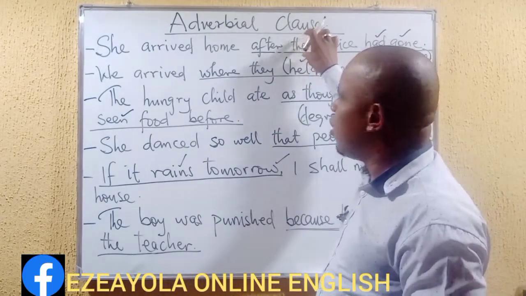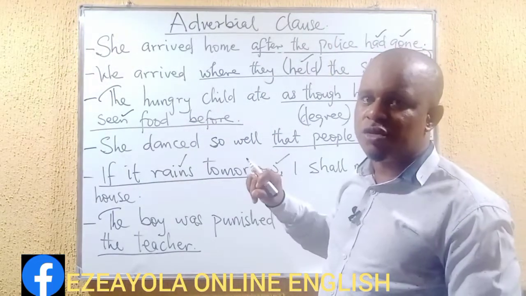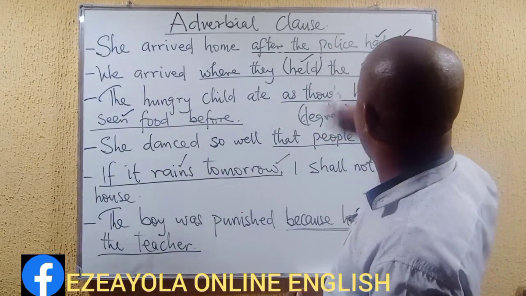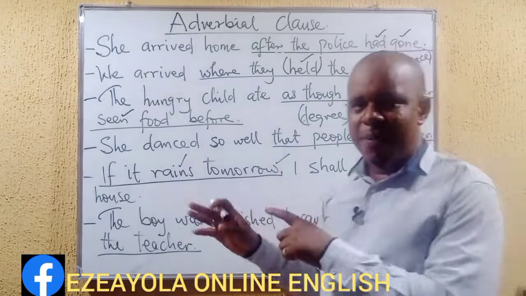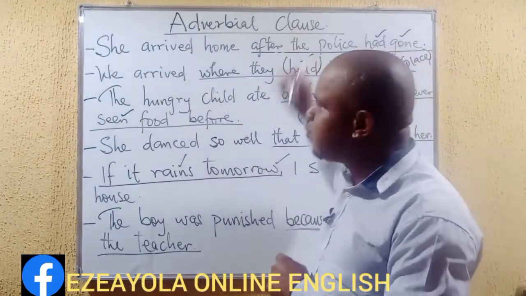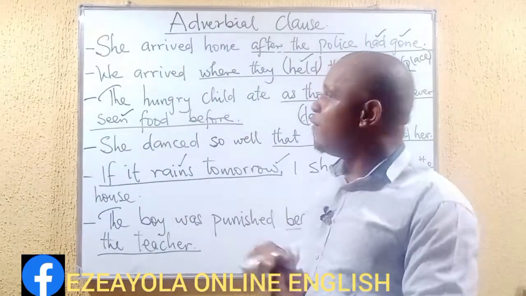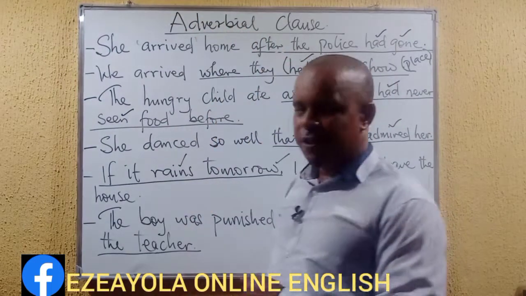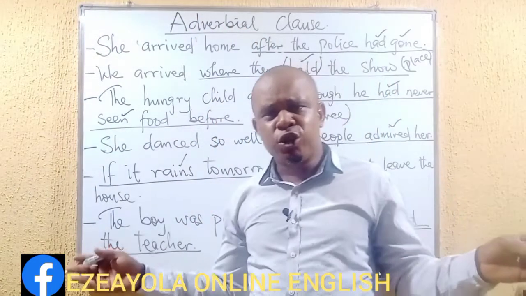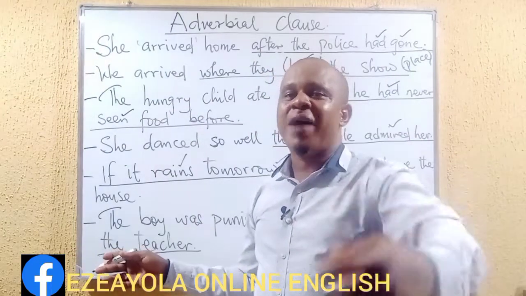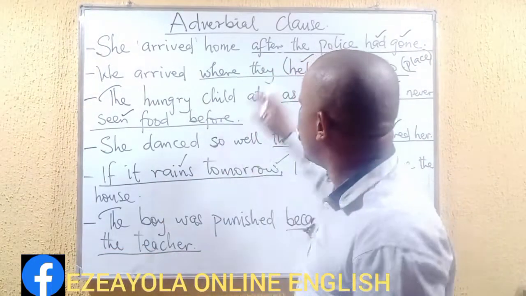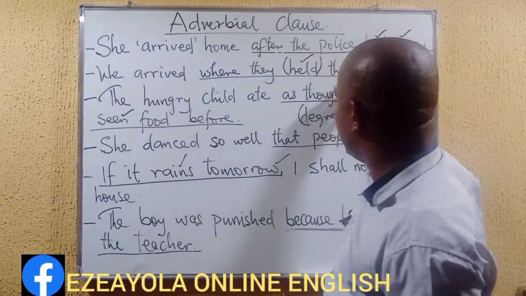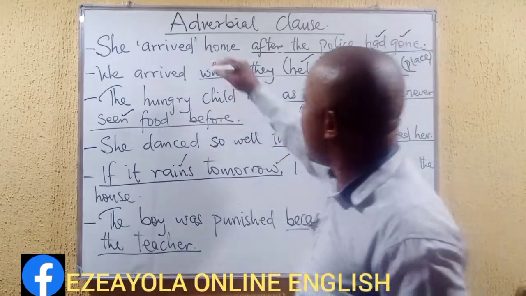What is the function of this adverbial clause of time? What is its function in this sentence? The function is that it is modifying the verb arrived. What is the function of adverbs? Adverbs modify verbs. So it modifies the verb arrived. And this one, where they held the show, equally modifies the verb arrived.